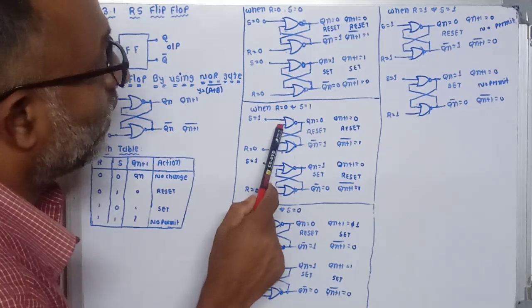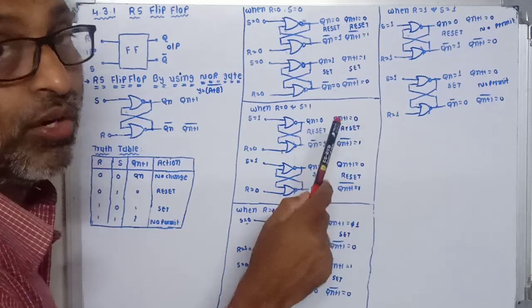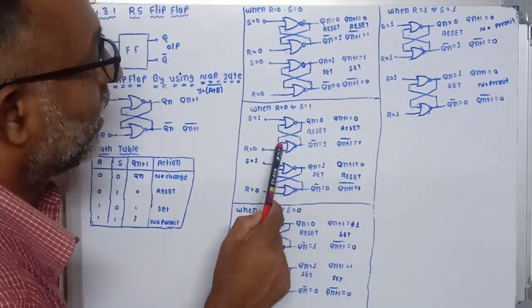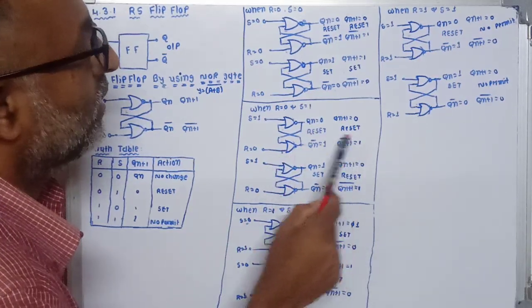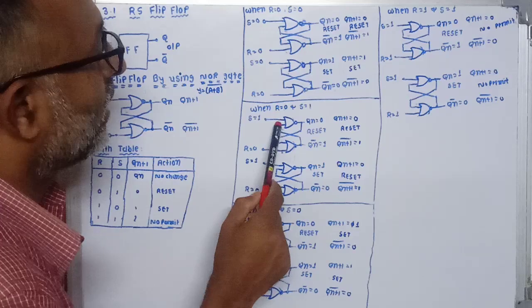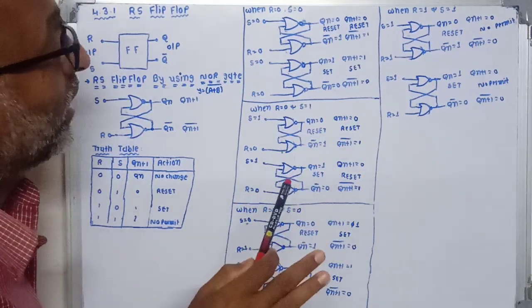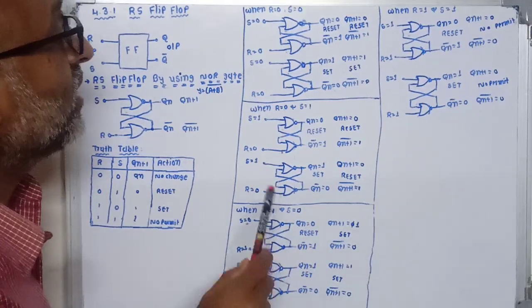So 1 plus 1 is 1, and its bar is 0. So Qn plus 1 is equal to 0. Now this 0 is available at this terminal. Here 0 plus 0 is 0, and the output is 1. Now this 1 is available here, 1 plus 1 is 1, and its bar is 0. So now our flip-flop is in steady state condition.